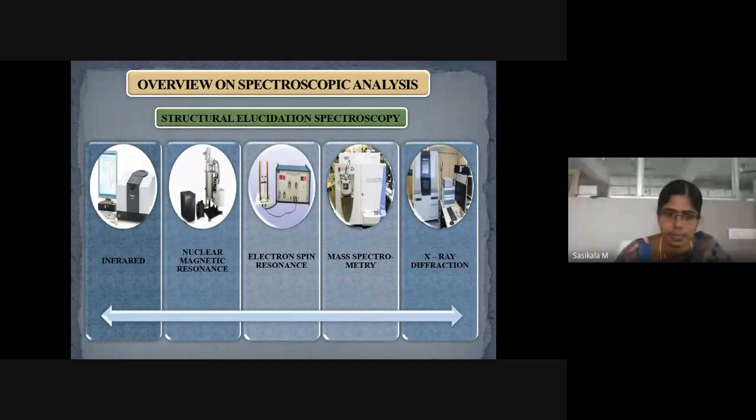In that, the first technique is infrared spectroscopy. Under structural elucidation, the preliminary technique is infrared spectroscopy, from which we can analyze the functional groups of the molecule. Then nuclear magnetic resonance spectroscopy, NMR, by means of which we can find what type of hydrogen, proton and carbon exist in the molecule. Organic molecules can be analyzed using NMR analysis.